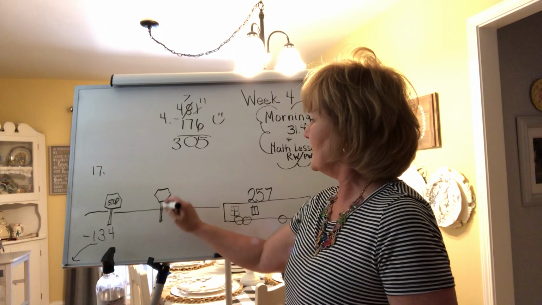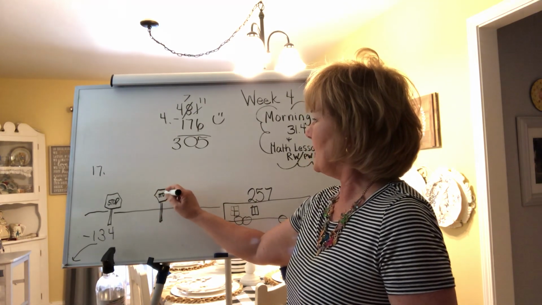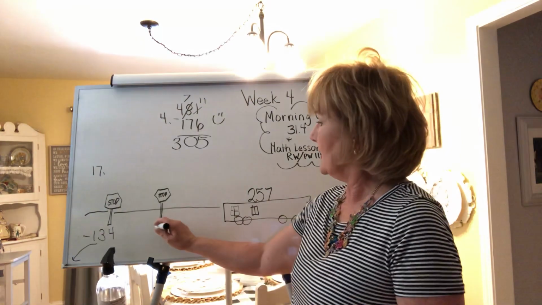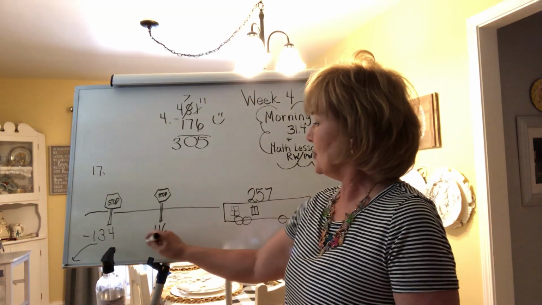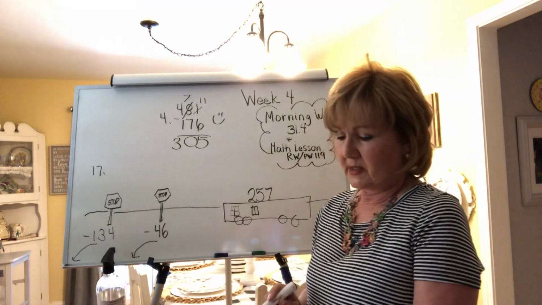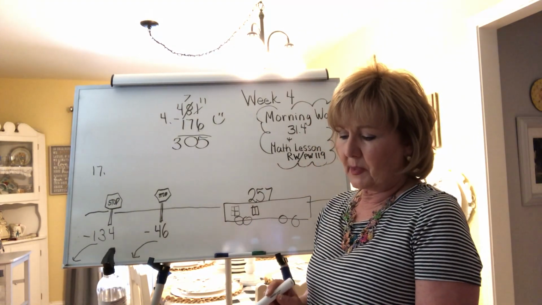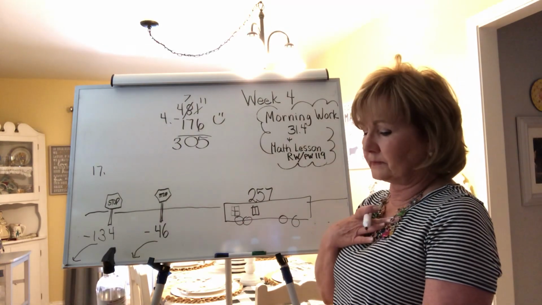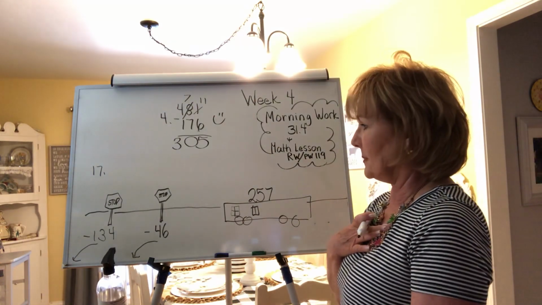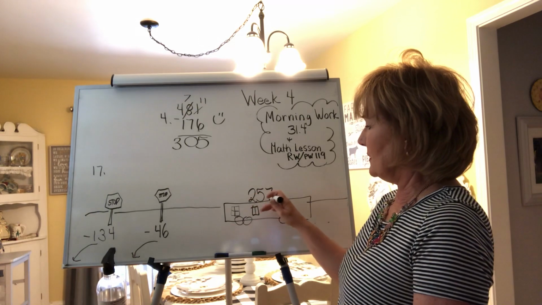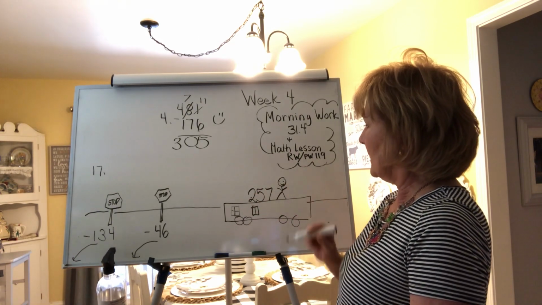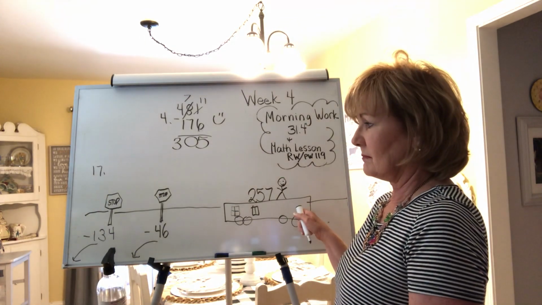Okay, second stop, 46 people get off. There they go, minus 46. How many people do not get off the train at the first or second stop? So how many of these 257 people are still on the train?